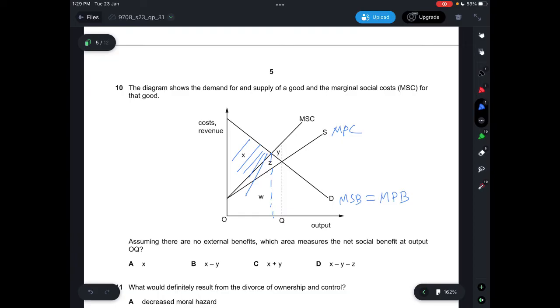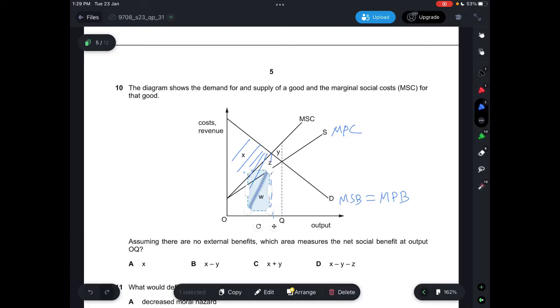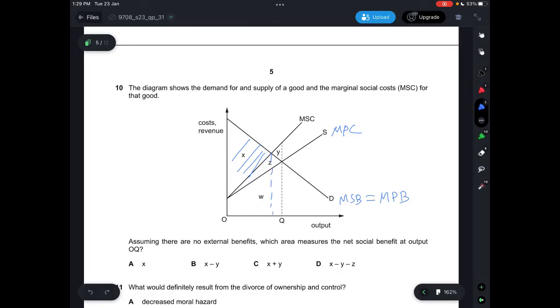However, because of the existence of MSC, you need to minus MSC, which means that the entirety would only be X, which is this thing here. Now we're producing over MSC equals MSB at point OQ, which also includes the area of Y.